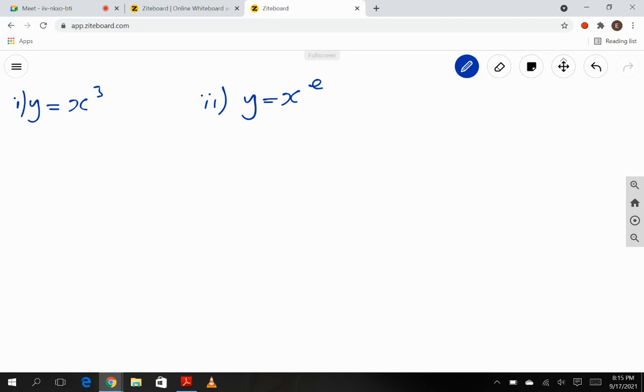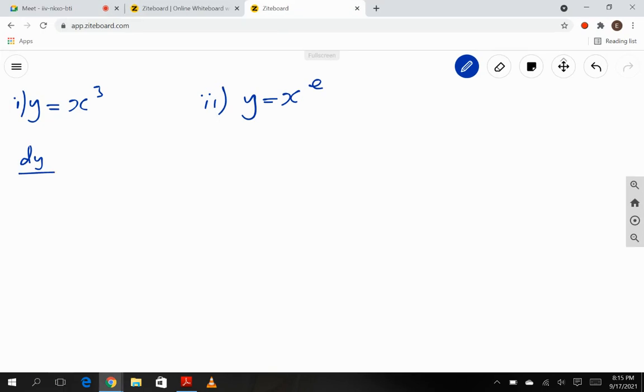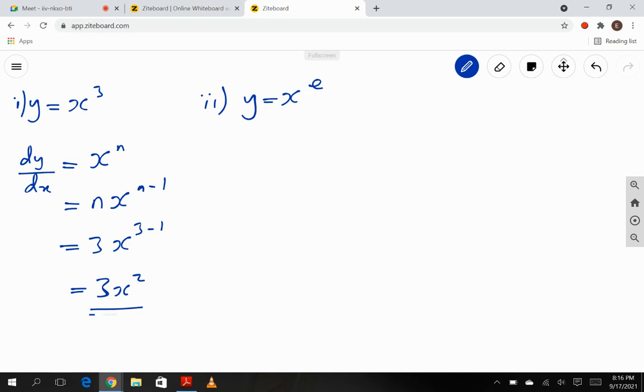So using the power rule, we are going to have 3, then x, sorry, pardon me, it should be 1. So that's that, right?